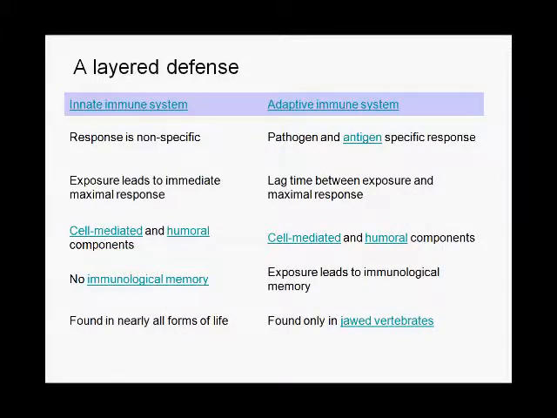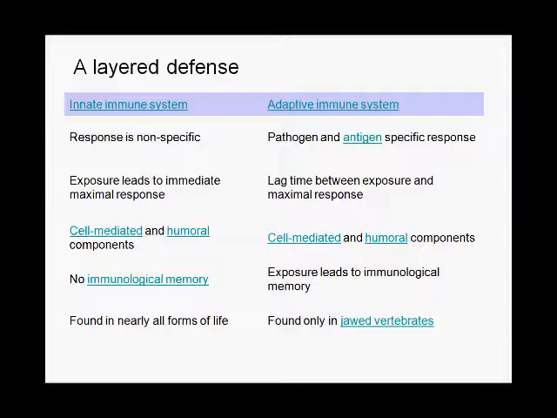So our bodies have a layered defense. All living organisms, essentially, have what we call an innate immune system. The innate immune system has a nonspecific response. It generally reacts against a broad range of viruses and bacteria.